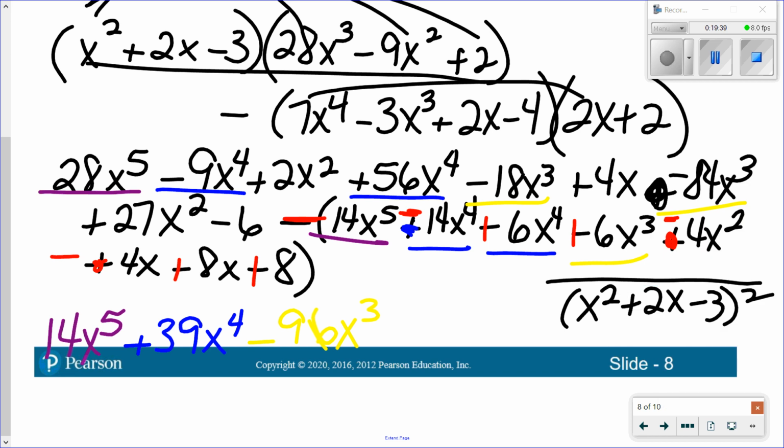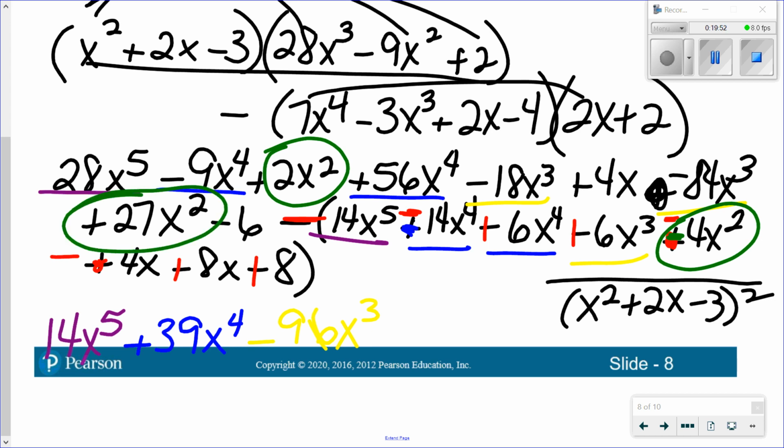Okay, so let's try our squares. I'm going to circle them to make them easier to see. There's a squared. There's a squared. That, remember, that one's going to be a negative. There's a squared. All right, so I have 27, 29 minus 4, so it looks like plus 25x squared.